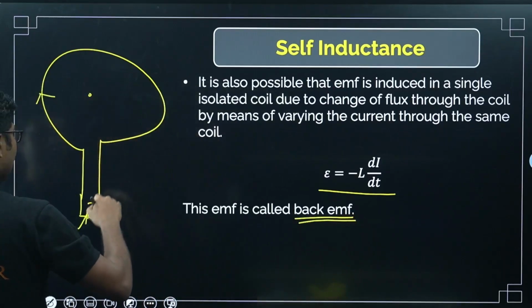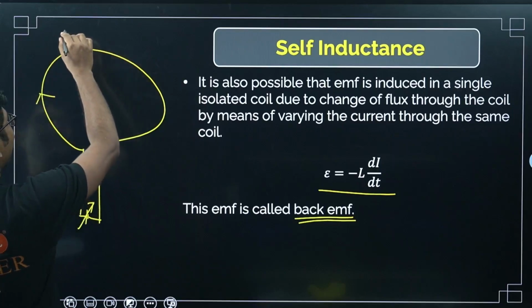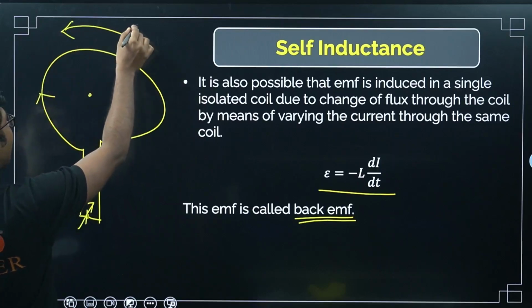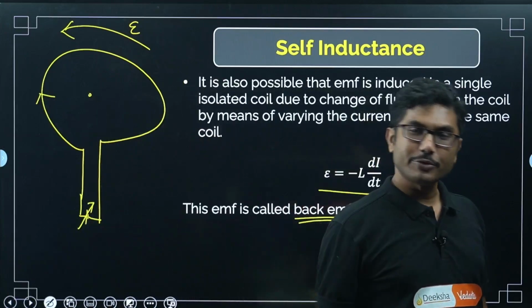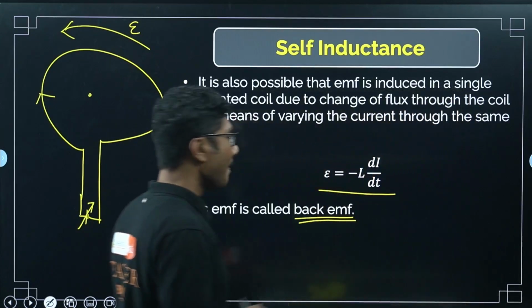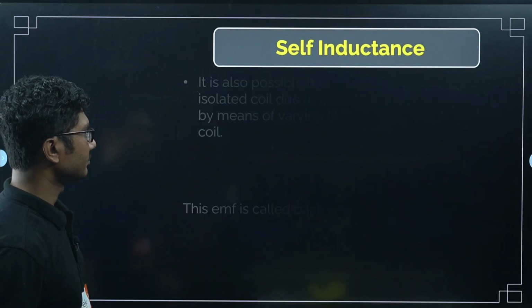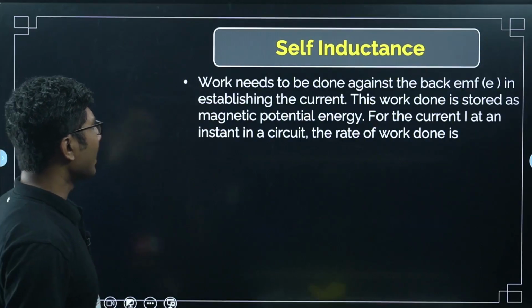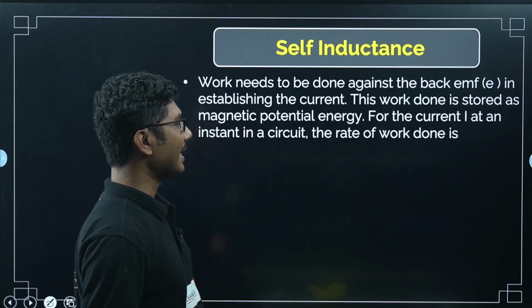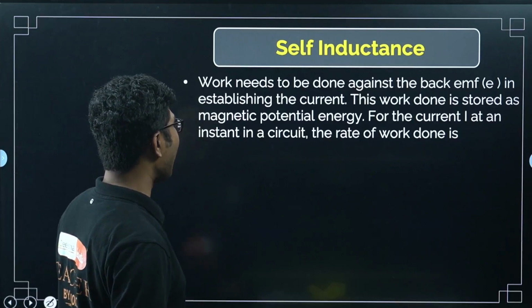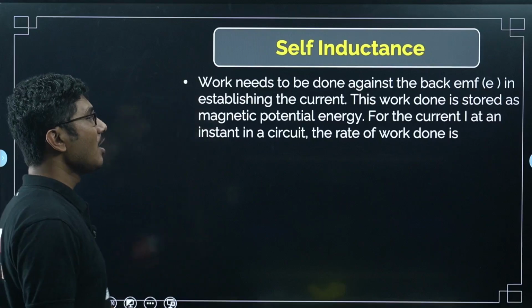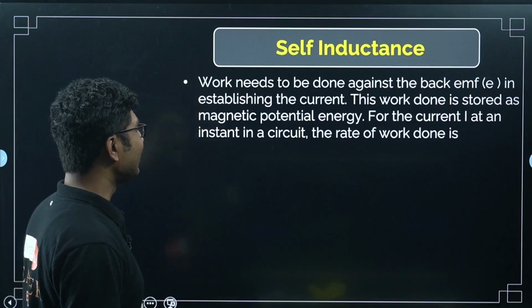If the original current is passing in one direction, the back EMF will try to stop this current and produce a current in the opposite direction. That's why it is called back EMF. Work needs to be done against this back EMF in establishing the current. This work done is stored as magnetic potential energy for the current I at an instant in the circuit.